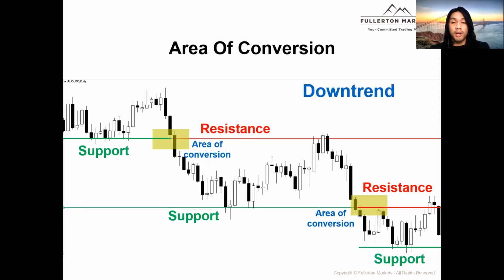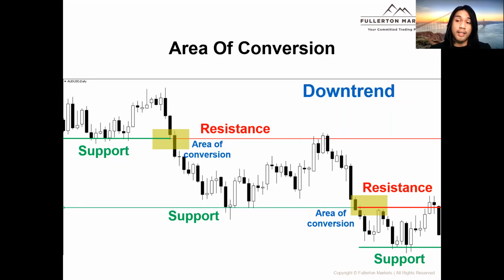All right, we have something known as the area of conversion. What does area of conversion mean? Basically, a support or a resistance that gets broken through will convert into its counterpart.